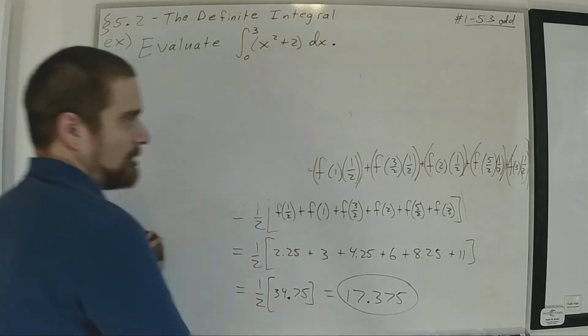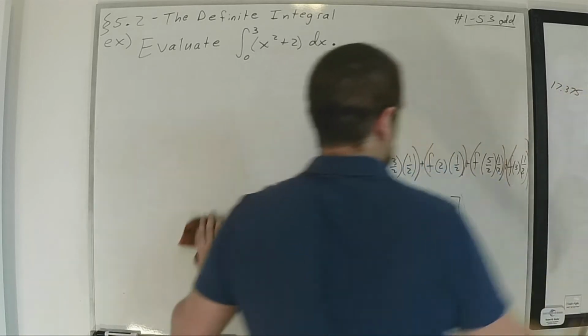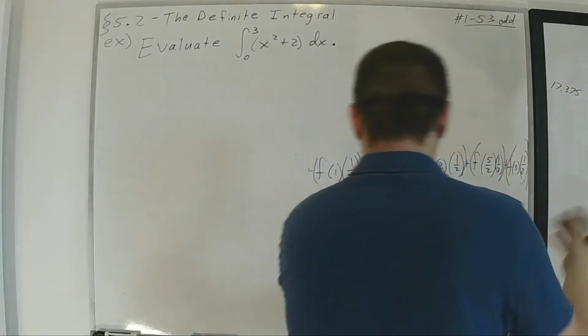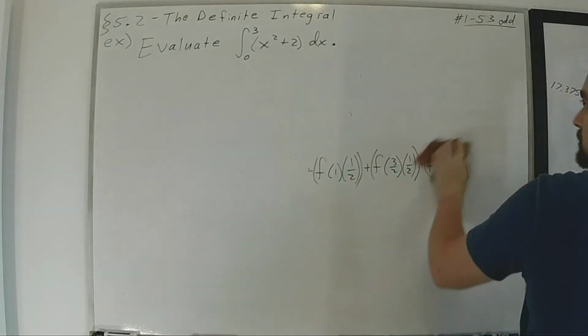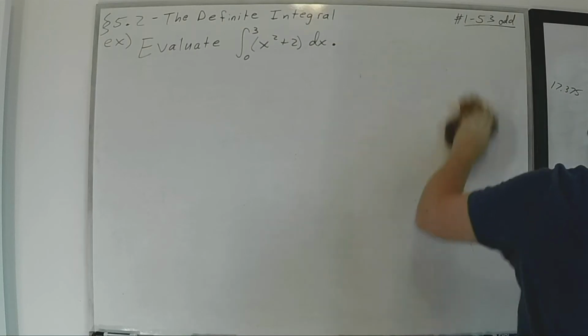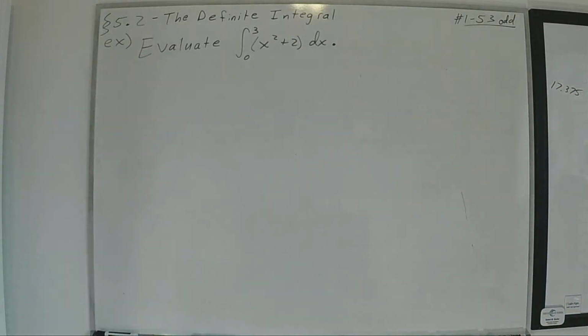So just remember that number, or maybe I'll jot it down over here, 17.375. And we'll see how close we got with our first approximation versus now the actual value of the integral. All right, and we'll just do a quick compare at the end.